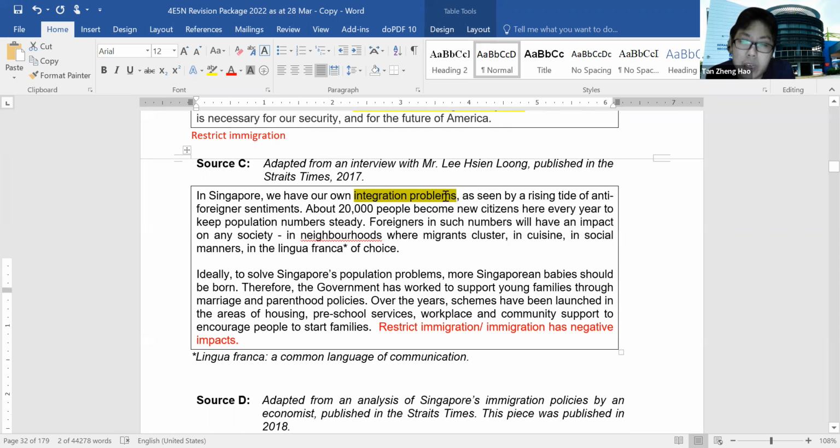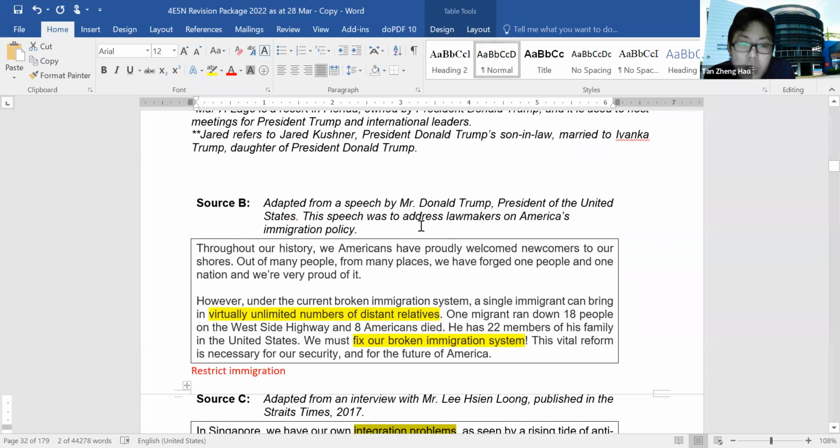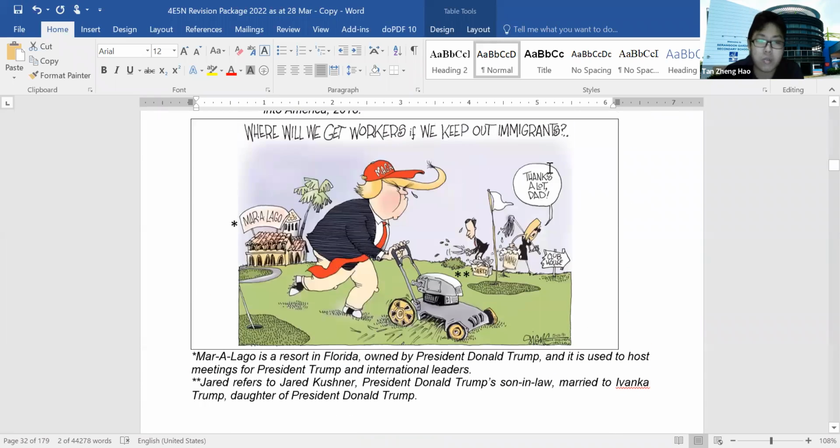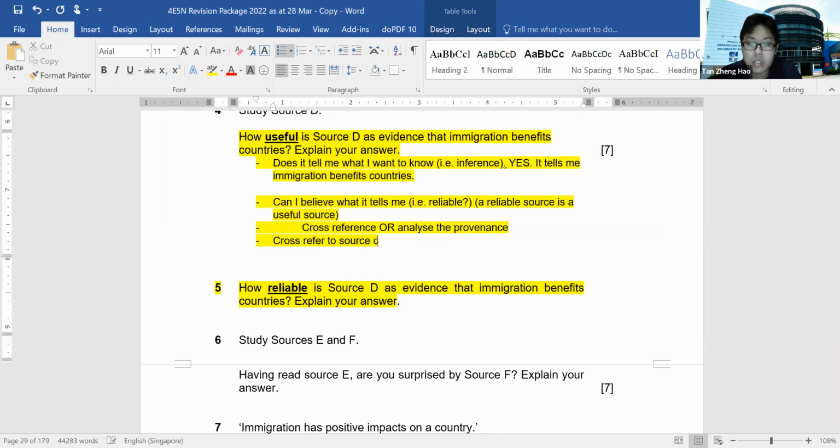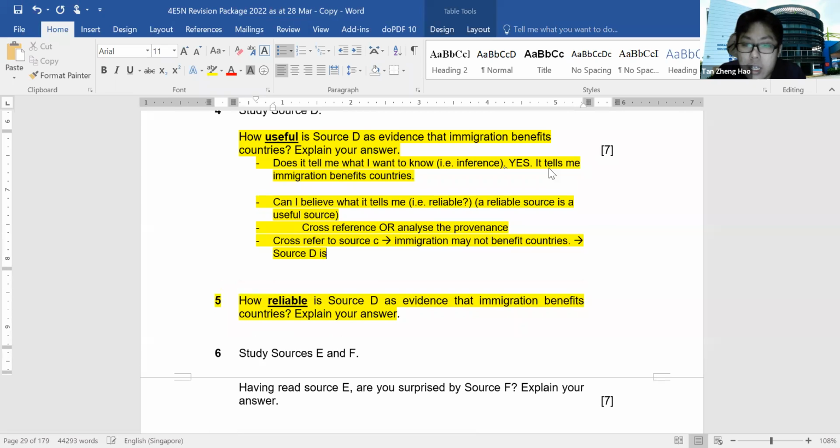Okay, so let's go with this source C. So if we cross-refer to source C, source C seems to tell me that immigration may not benefit. It may be a problem to the countries. So what does this tell me? This tells me that source D is unreliable. Source D may not be useful.